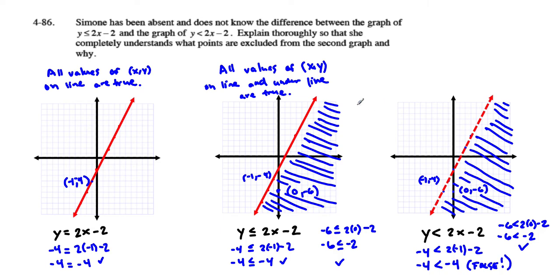So in this case, our solutions are not going to be the points on the line, but everything underneath. So we'll say all values of x, y, all our points under the line are true.